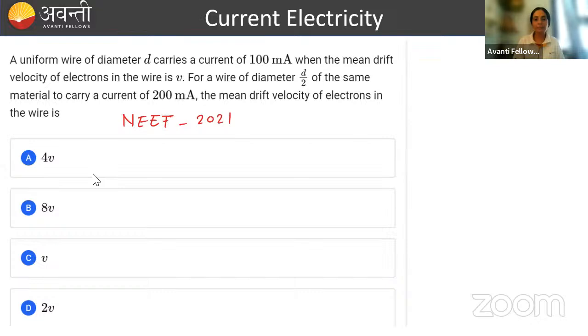Come on, everyone else. More answers, please. Everyone solve it. If you people won't respond properly now, it will take more time, and then we will be able to solve fewer questions. So please do respond now.